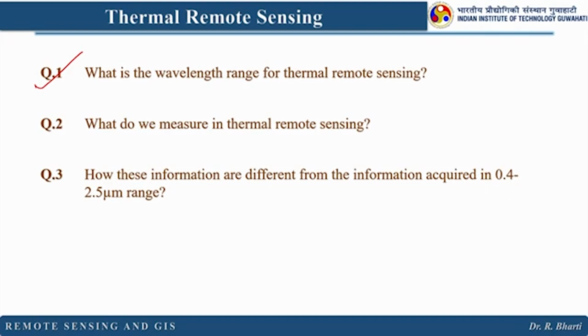Now let us go through one by one. So the range will be 3 to 16 micrometer. In some books you may find that 2.5 to 14 micrometer or 2.5 to 16 micrometer is the thermal range.